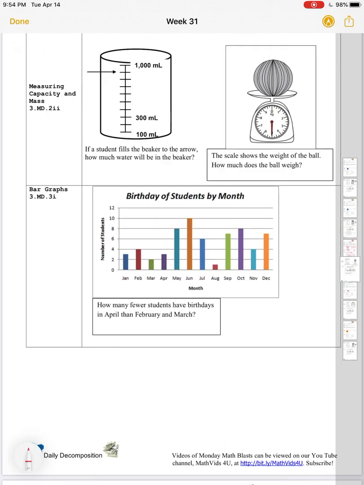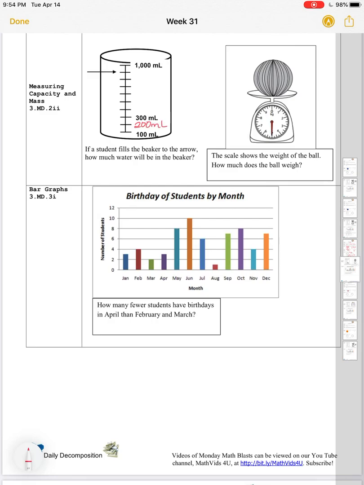On the back side, measuring capacity and mass. If a student fills the beaker to the arrow, how much water will be in the beaker? So taking a look at the beaker, the first tick mark is represented with 100 milliliters. And then the third tick mark is represented with 300 milliliters. So just like yesterday, we have this one right in the middle of our 100 and 300 milliliters.